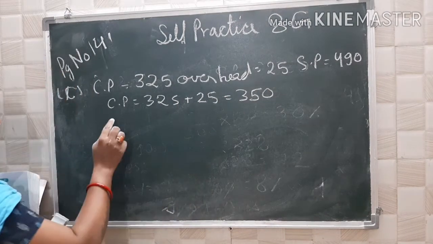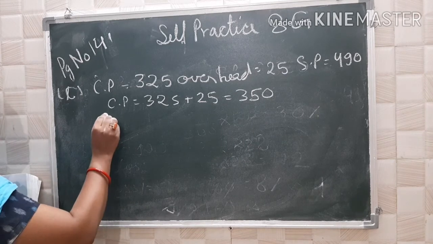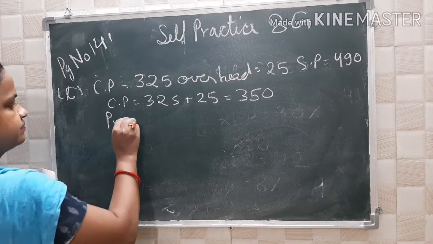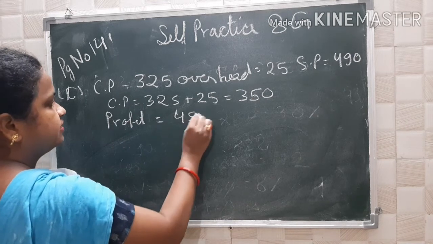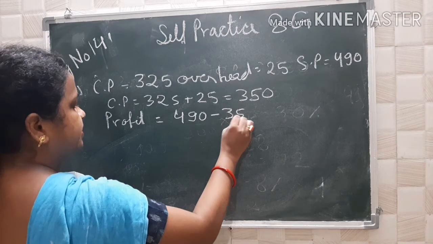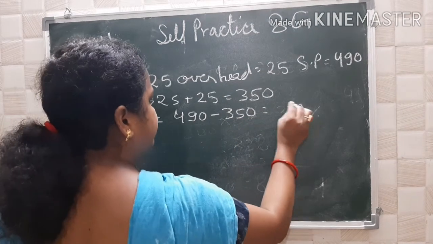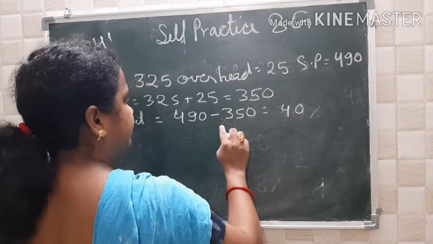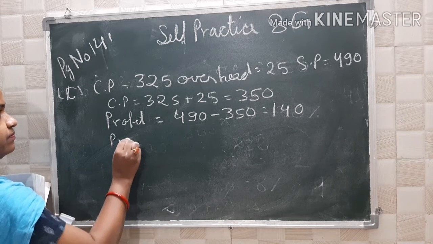Okay, so here it is 350, SP is more, so profit it will be. So you will have 490 minus 350, that is equal to 140.